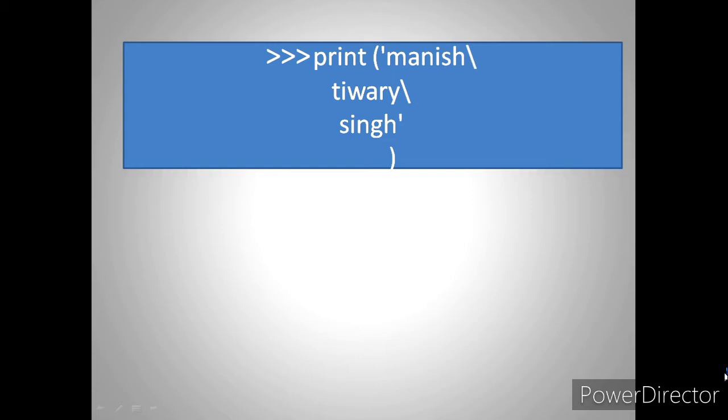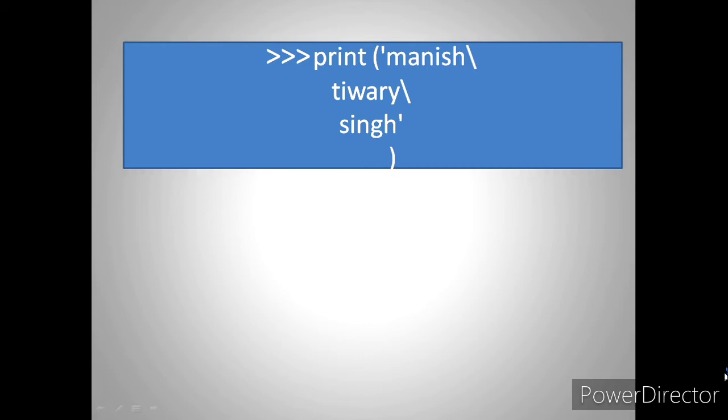Now if we need to write it in more than one line, then we will use a slash sign to bring the pointer to the next line. If I write a statement as print Manish slash sign, then Tiwari, then slash, then again, it means that we are writing in 3 different lines.